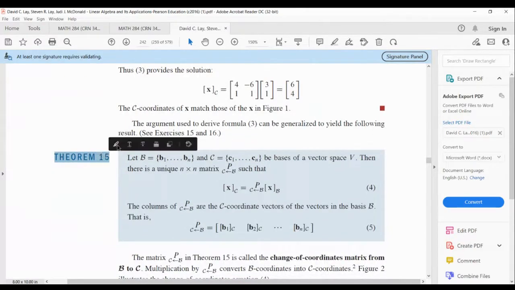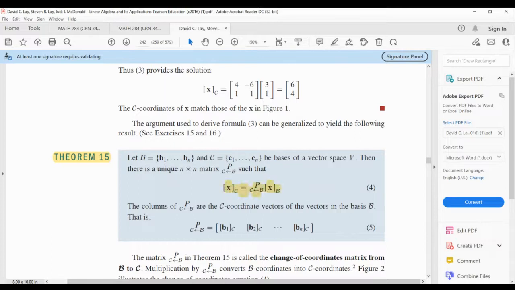That says, let's suppose you have two bases for a vector space V. And you have coordinates of the vector x relative to the basis B, but now based off of that, you want to find a matrix P, which is a change of coordinates matrix from the basis B to C, so you could figure out the coordinates of the vector x relative to the basis C.